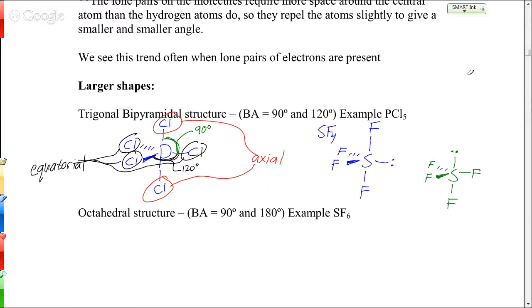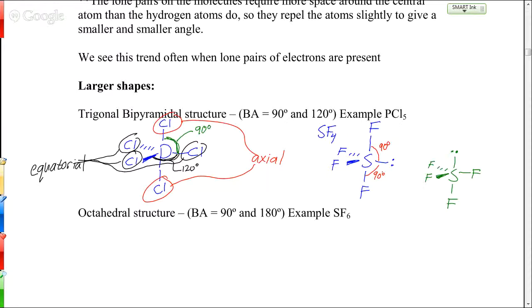It's actually the one on the left that is the better structure. The reason is because of the total interaction. In the one on the left, we want to minimize these really close interactions. We want things to be as far away as possible from that lone pair. The one on the left, we have 2 fluorines 90 degrees from the lone pair, and then the other 2 are far away at 120 degrees.